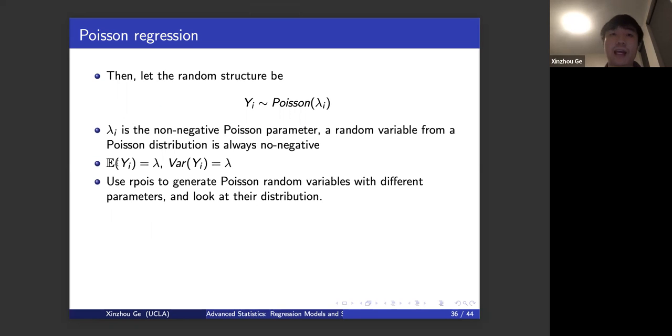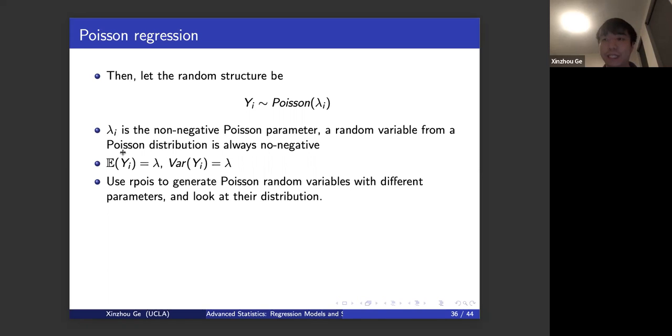Here we assume that the number of reads comes from a Poisson distribution with parameter lambda. If you are not so familiar with the Poisson distribution, a random variable from a Poisson distribution is always a non-negative integer.